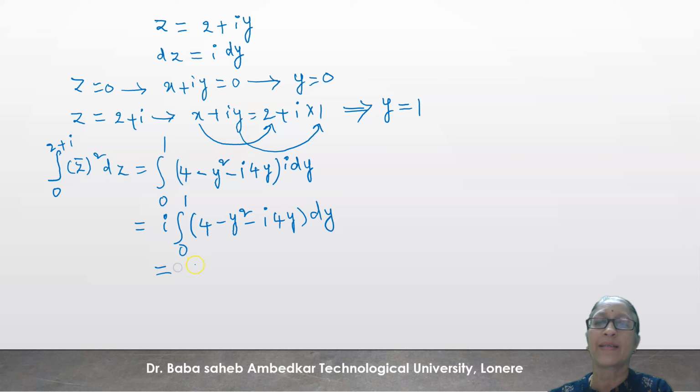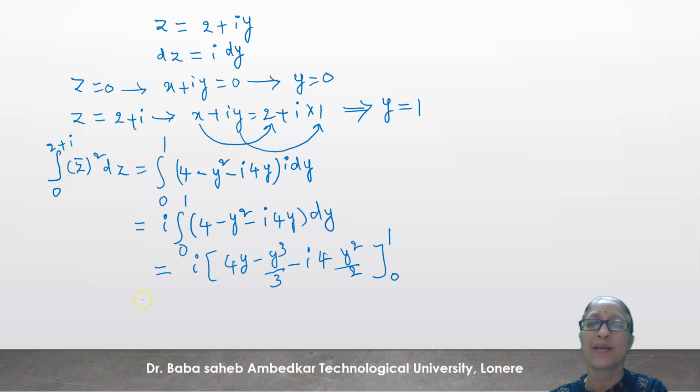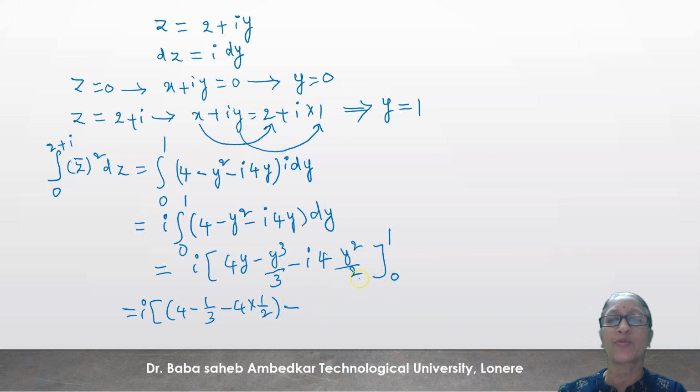Now evaluate the integral. i into 4y minus y cube by 3 minus i into 4 into y square by 2 under the limits 0 to 1. Now apply upper limits first. So i into 4 minus 1 by 3 minus 4 into 1 by 2, minus, when you apply lower limit, when you put y equal to 0, this whole expression becomes 0.